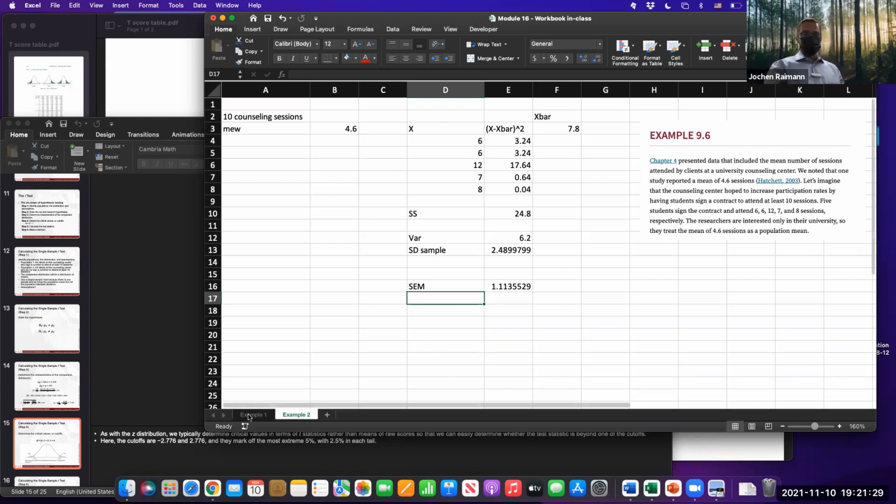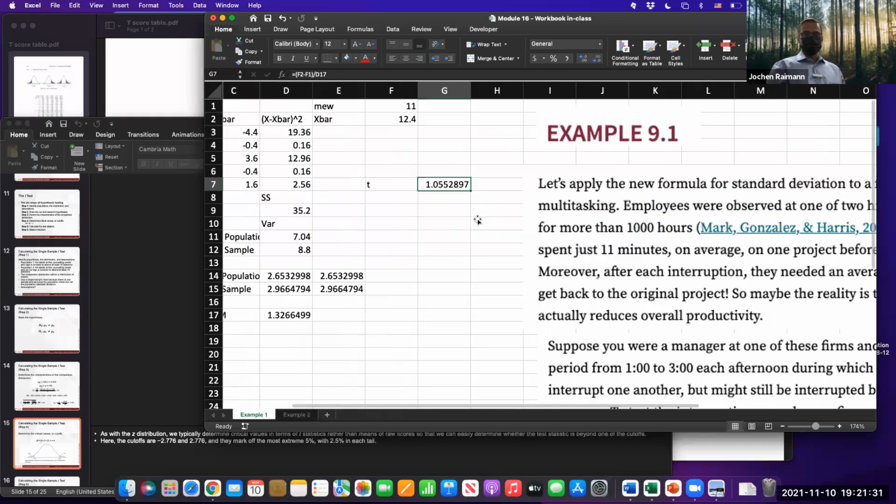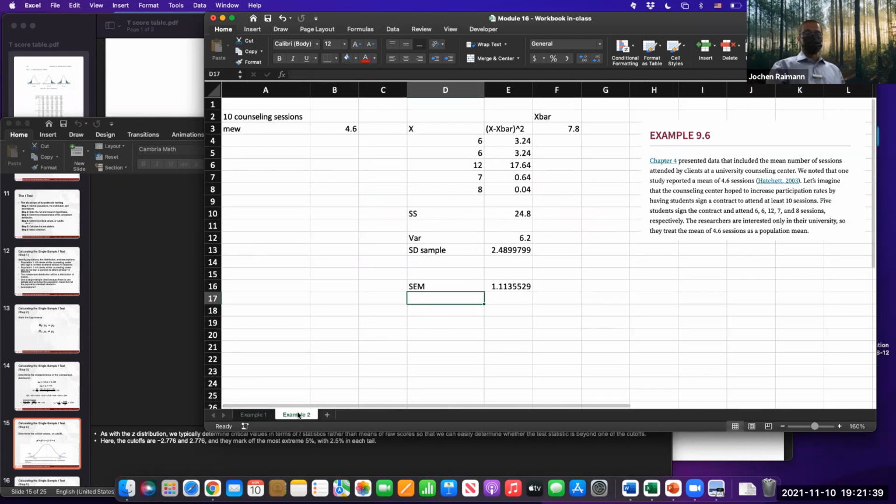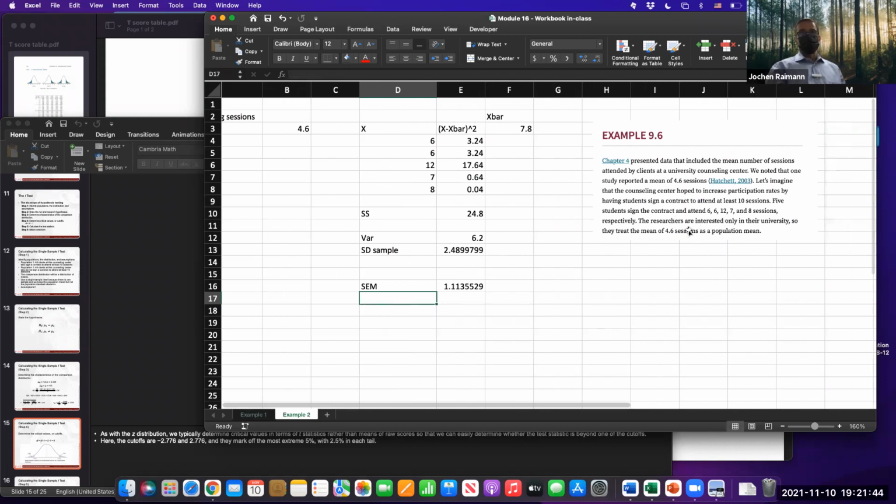We calculate the t-score by calculating the difference, remember? And dividing it by the standard error of the mean. This is how we do hypothesis testing. Right. And we're doing the same thing here now. Because we have a population mean of 4.46 sessions, and we want to compare our sample mean to those 4.46 sessions, taking into account the standard error of the mean, which is the variability of our distribution of the means around the sample mean.